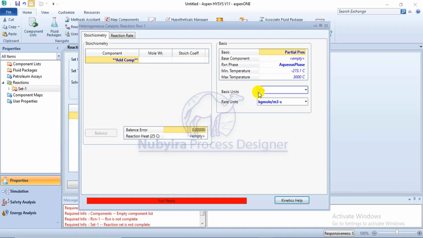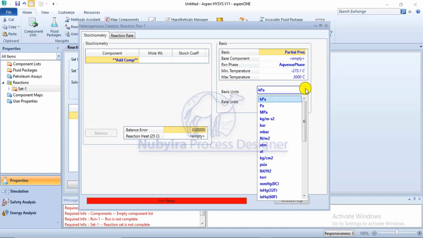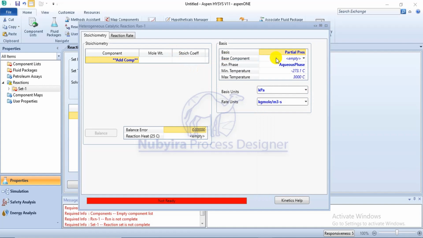So sometimes it may be pressure, some other times it can be ATM, any of the different units of pressure. So you have to also look out for that as well, because all these things will affect your eventual results while simulating this particular model. So you have to be very careful with all this. So that's for both the basis unit and the rate unit.